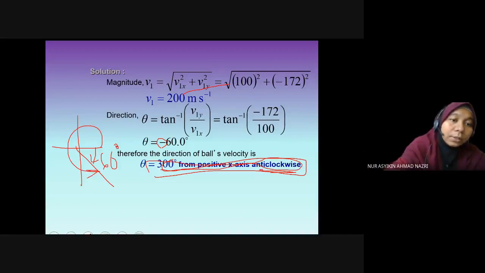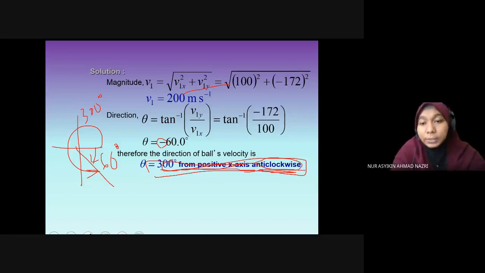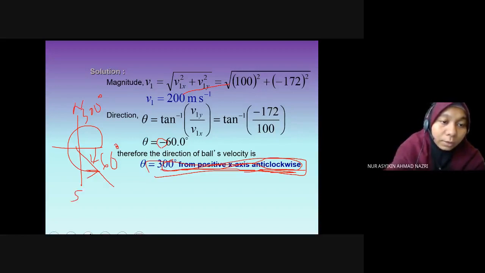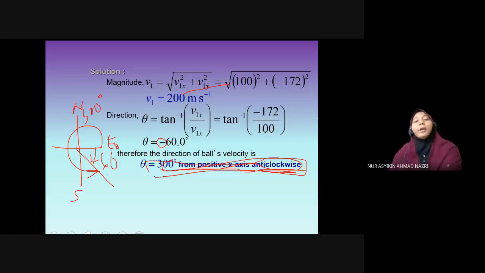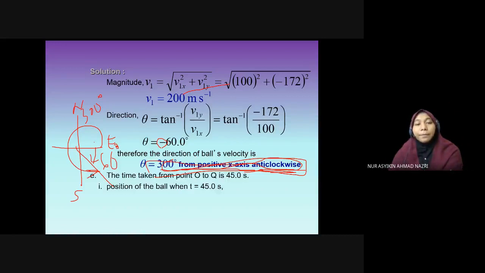Okay, so this is 300 degree from positive x-axis anti-clockwise. Macam tu. Ataupun bolehlah awak nak guna awak punya apa? North. Kejap. Ni west. Ni south. North east. Okay. So awak kata 60 degree south of east. Masih valid juga.